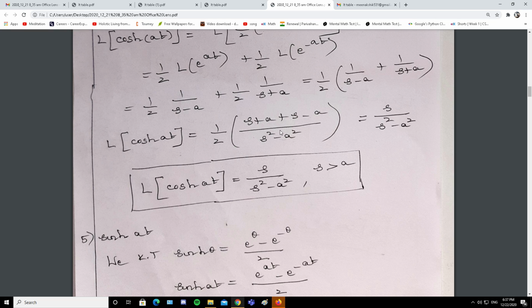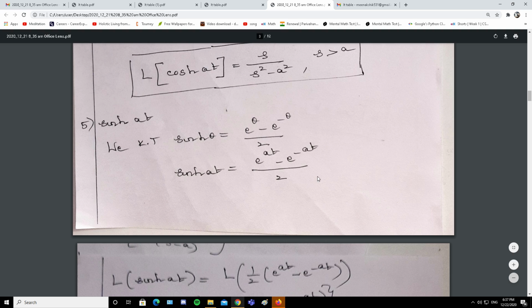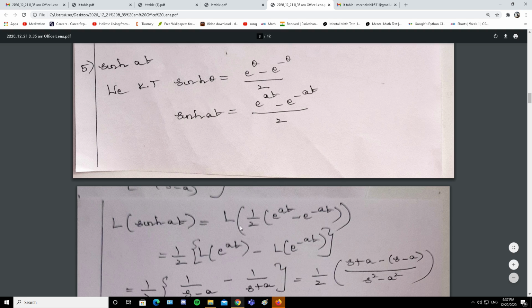So the proof is similar to the previous one. In place of plus, you have minus in all these steps. So Laplace of sin hyperbolic at equals Laplace of half of e power at minus e power minus at. Take half out. So split into 2. Laplace of e power at minus Laplace of e power minus at.